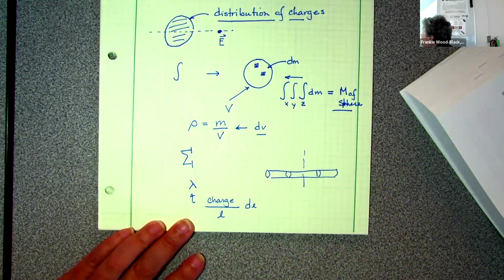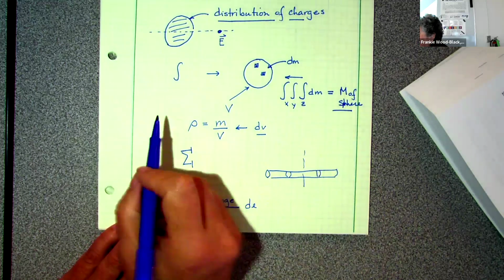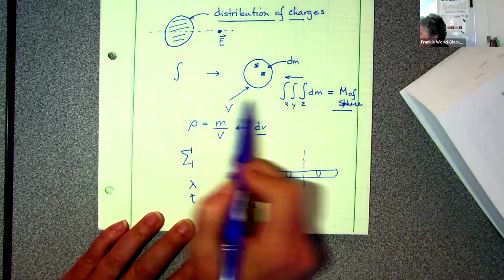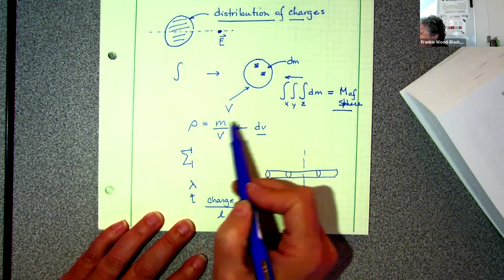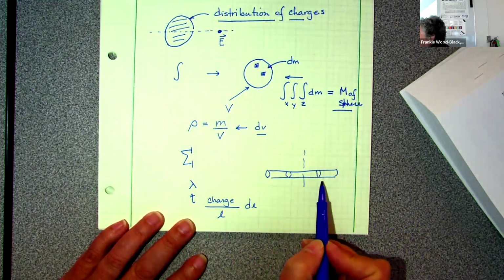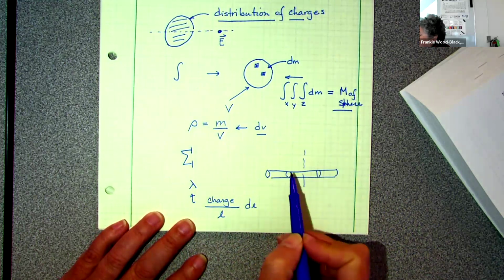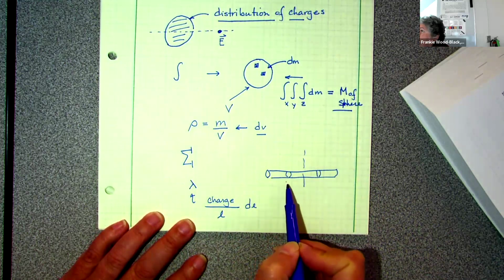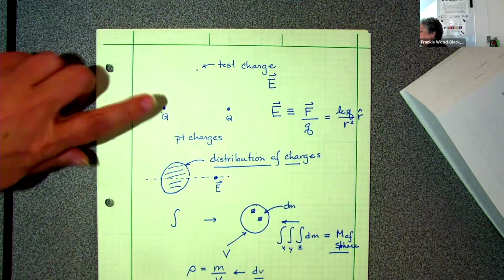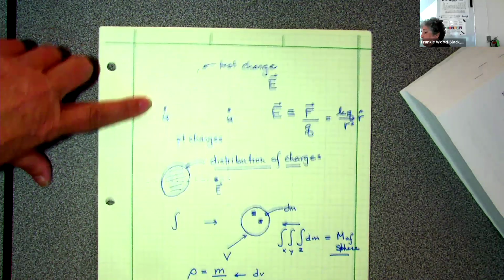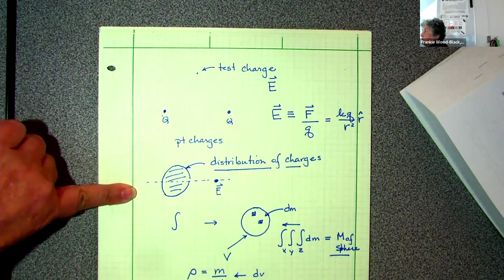So when you're dealing with your calc, you're going to be doing these triple integrations, these double integrations, but basically all you're doing is summing up infinitesimally small items. Because we don't play with individual point charges, we play with charge distributions.